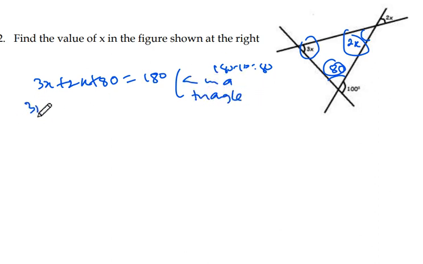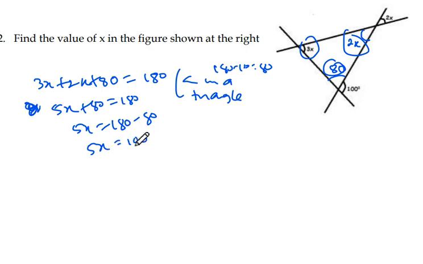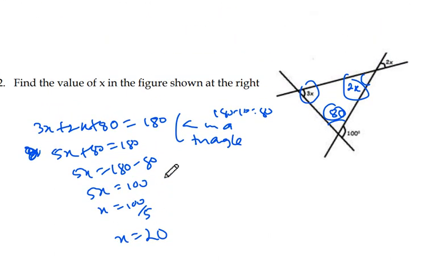So 3x plus 2x is 5x plus 80 is equal to 180. So 5x is equal to 180 minus 80. 5x is equal to 100. x is 100 divided by 5. x is 20. You can, if you want to prove it, substitute 20 into all of this to give 180.